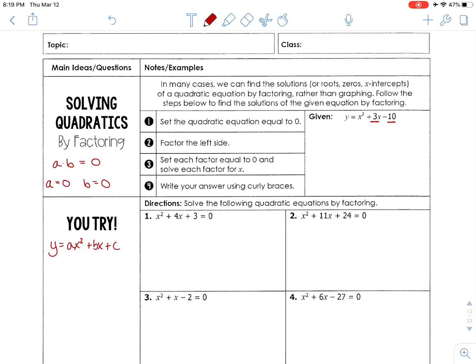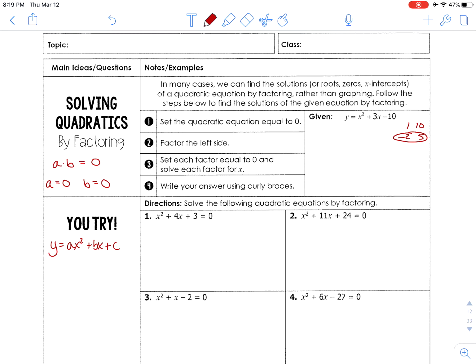So it might be a little bit trivial, but we'll go through. So my factors of 10 would be 1 and 10 and 2 and 5. Now, since the product has to be negative, 1 needs to be positive, 1 negative. So my pair that would add up to positive 3 would be 2 and negative 5.